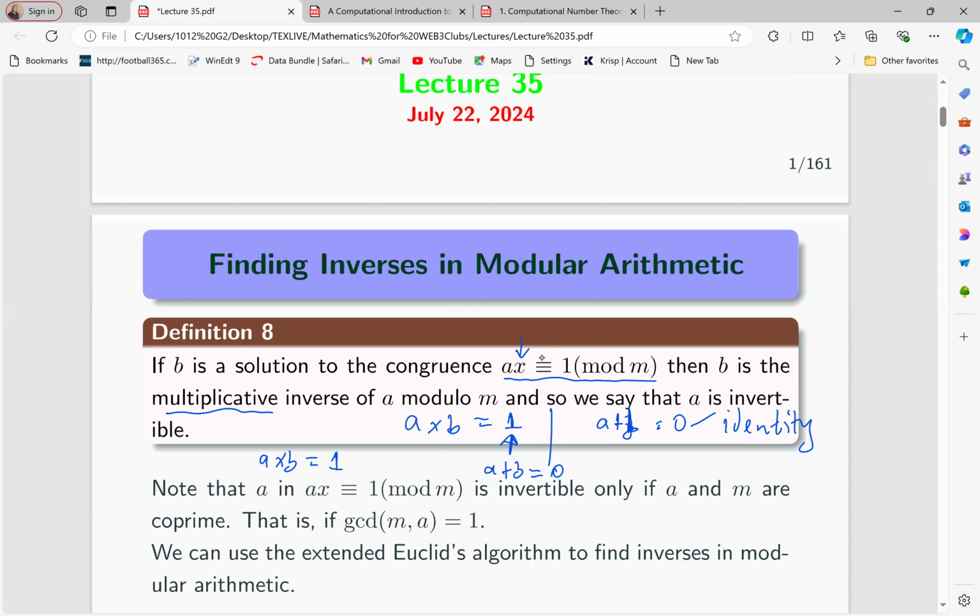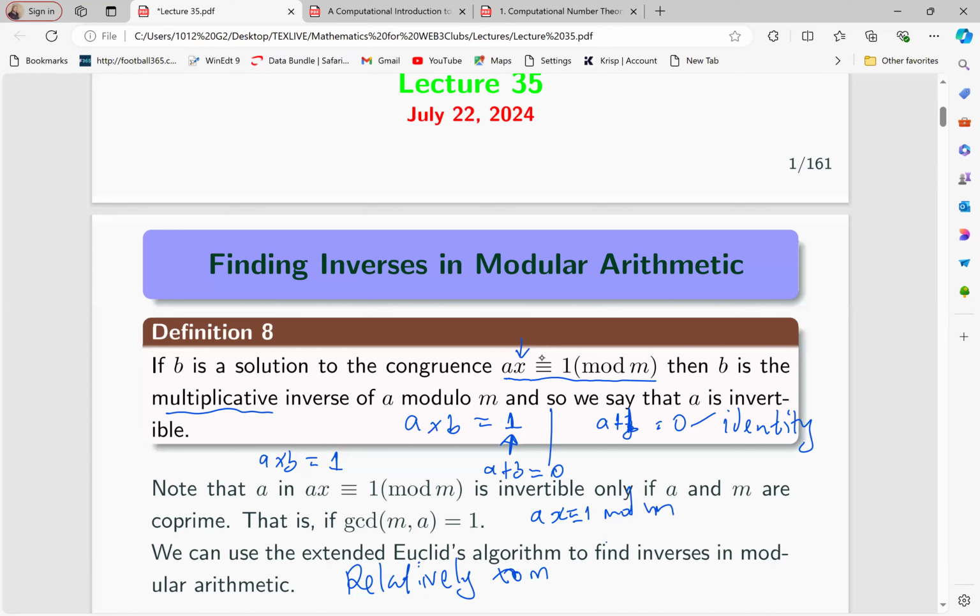Now, under modular arithmetic, elements that will have inverses mod m are those which are relatively prime to m. Any other element that is not relatively prime to m would not have an inverse.